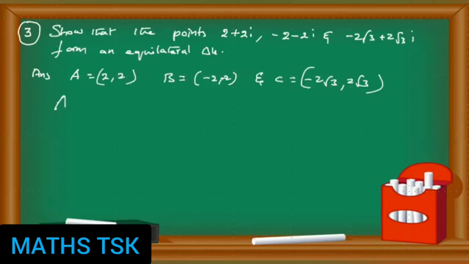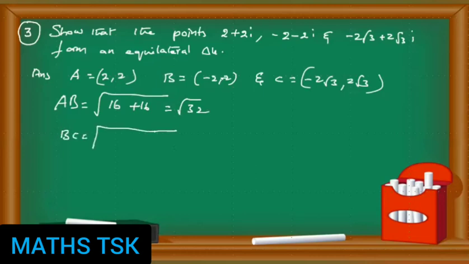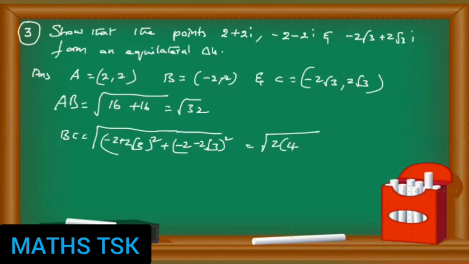What is AB? AB is the root of (2 plus 2) whole square, that is 16, again 16. So root 32. That is BC is equal to root of (minus 2 plus 2 root 3) whole square, and then (minus 2 root 3) whole square. (a plus b) whole square plus (a minus b) whole square is 2 times of (a square plus b square).